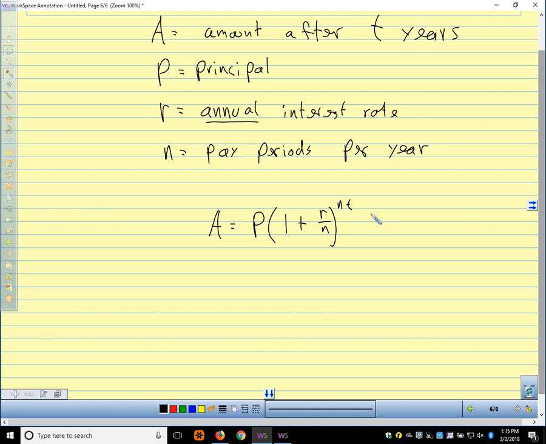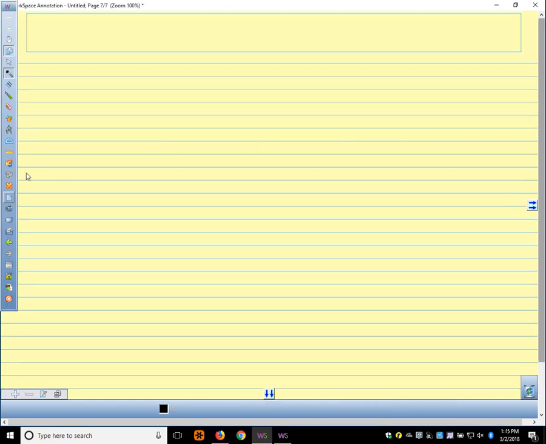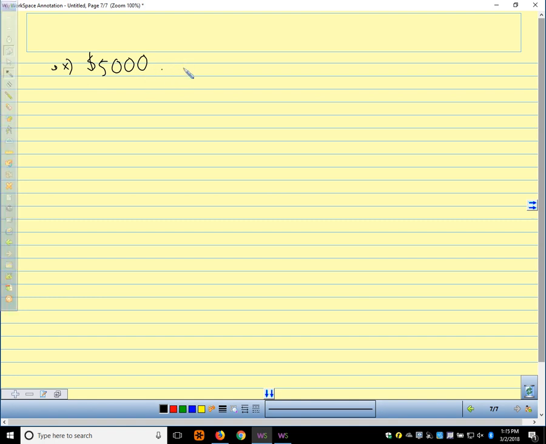All right, so I want to do an example with compound interest, and that's going to lead us into a special form of compound interest. So let's say we have $5,000, and we earn 6% annually.